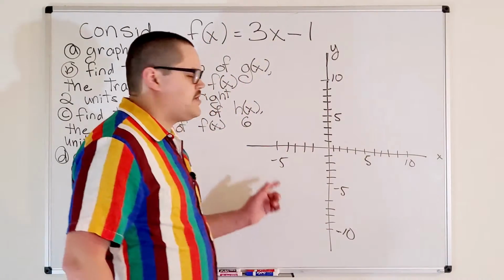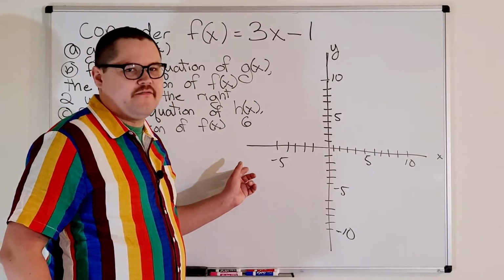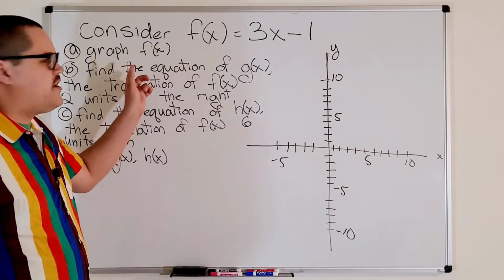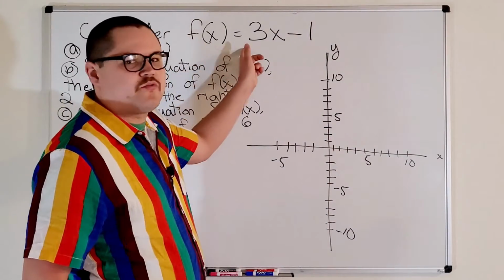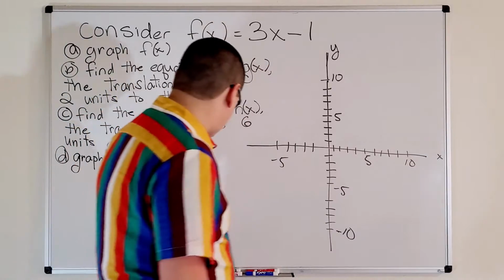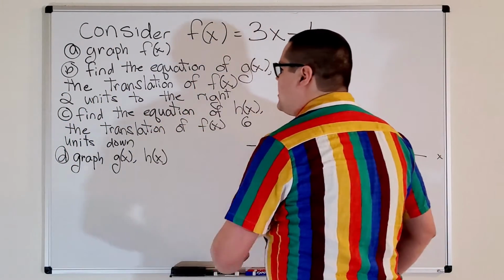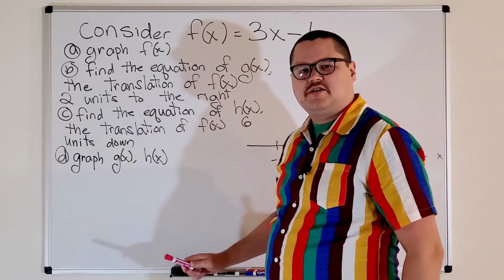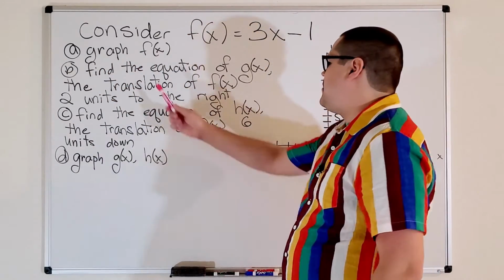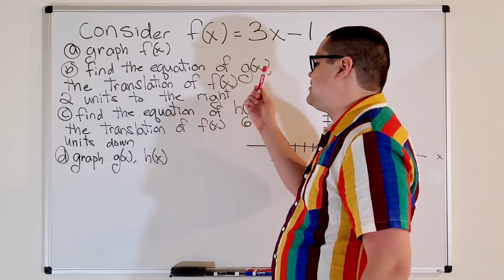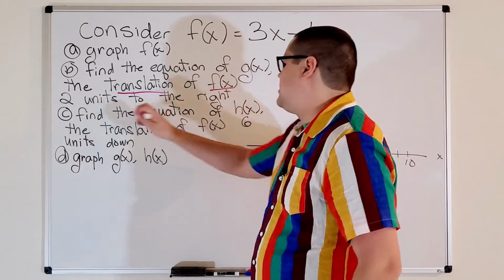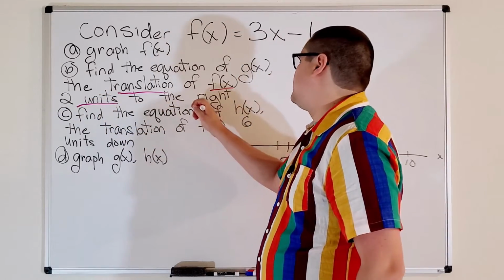Let's suppose we've been assigned the following problem. We are to consider the function f of x equals 3x minus 1. Subsequently, we are to graph f of x. Subsequent to that, we are to find the equation of g of x, the translation of f of x 2 units to the right.